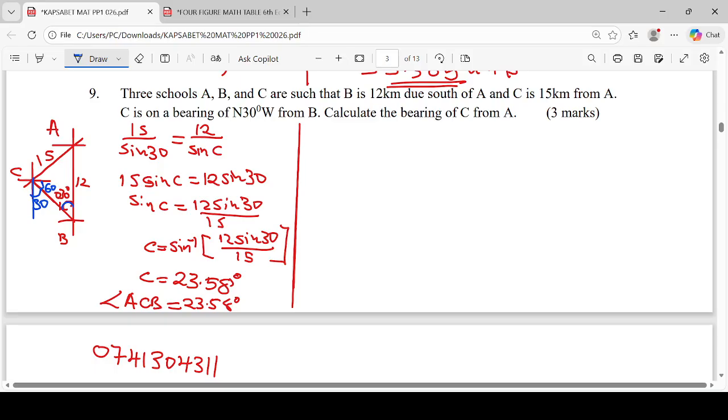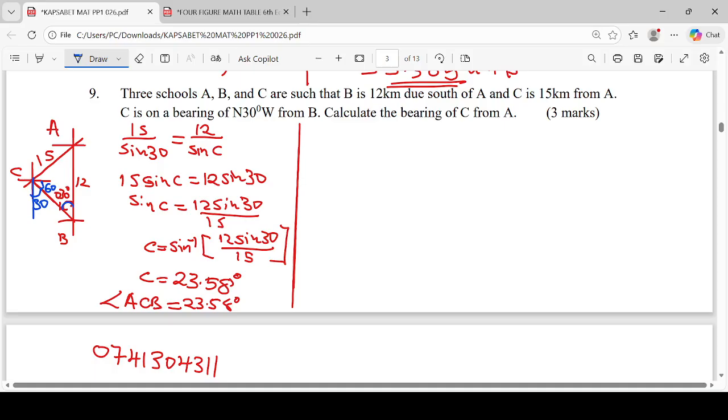I'm pretty sure when you use the cosine rule well, you'll be able to get that, because BC squared can be given by AB squared plus AC squared minus 2 AB times AC cos ABC.